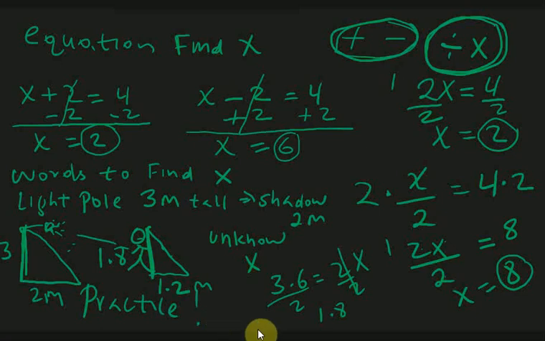That's how you can solve, in 7th grade before you go to 8th grade, finding x. You might be given word problems, and this is how you solve them. You might subtract or add or divide or multiply in order to make the x stand alone.